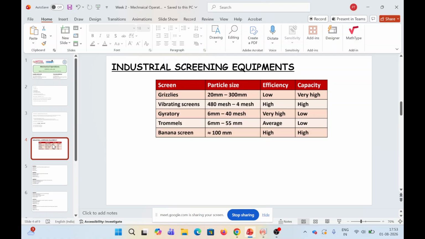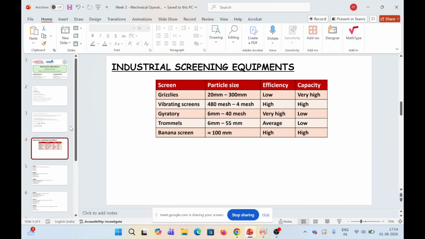Each type of screen is useful for certain applications. So this is about the effectiveness of the screen, and for each and every screen there is a detailed explanation.